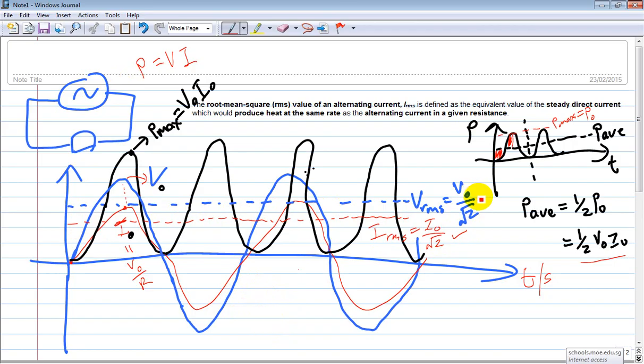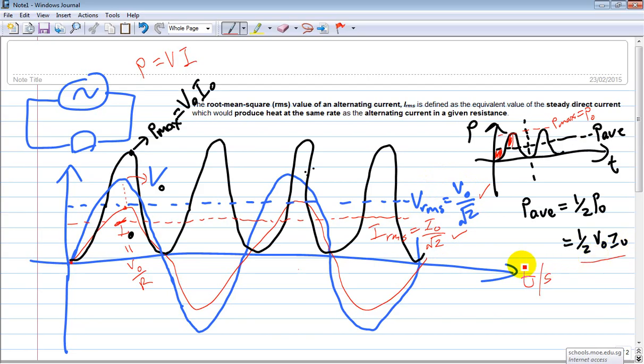And this is also DC. So this is like a constant potential difference producing a constant current. And what's the power delivered by this DC PD and this DC current? Do you realize when I multiply these two, I exactly get half V naught I naught?